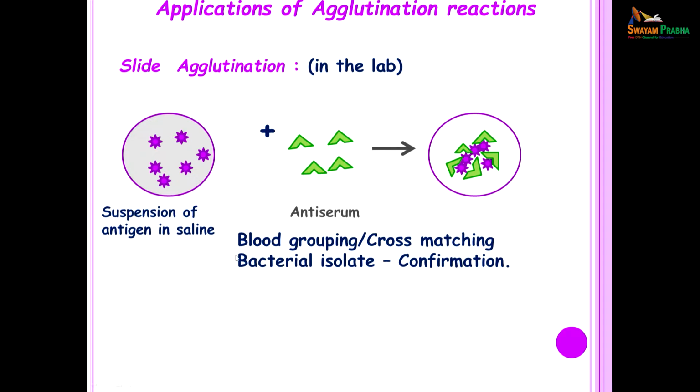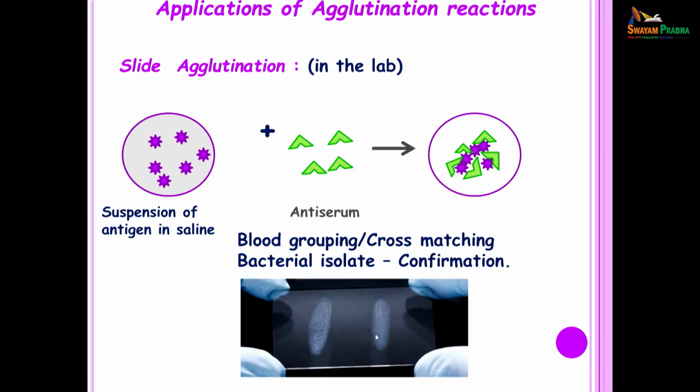This is how we identify a bacterial isolate. The other place where this test is used is in blood grouping and cross matching. This is what your test will look like: this is the emulsified growth, and this is the part which has agglutinated.